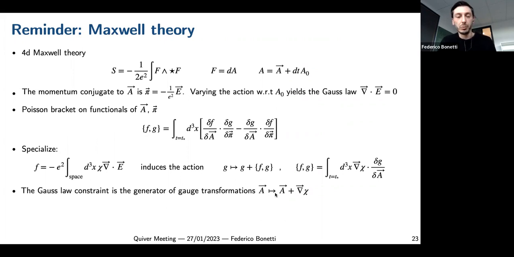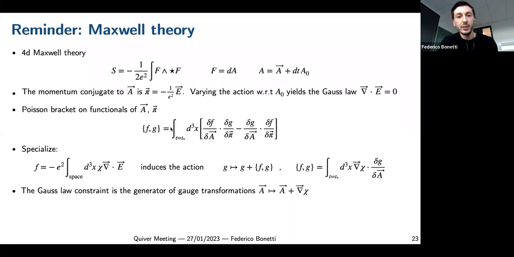Indeed, of course, we know the action very well, and we know that the momentum that is conjugate to the spatial part of the vector potential is just the electric field. And in this case, the Gauss law constraint, in this more abstract sense, is literally the familiar Gauss law from electrodynamics. And why does it generate gauge transformations?